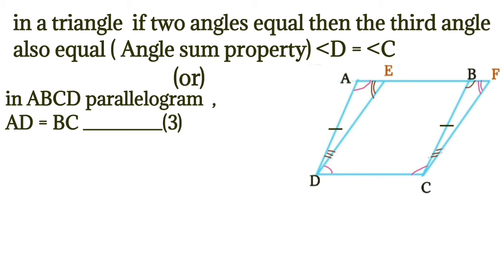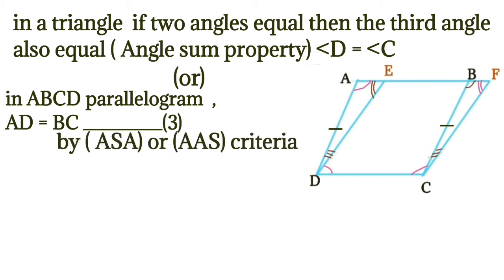Why? Because here we are applying one criterion of congruency of triangles, that is angle-side. See in triangle AED, angle A, angle E and side AD. We showed two triangles congruent by angle-side congruency. Or else you can use another criterion also.